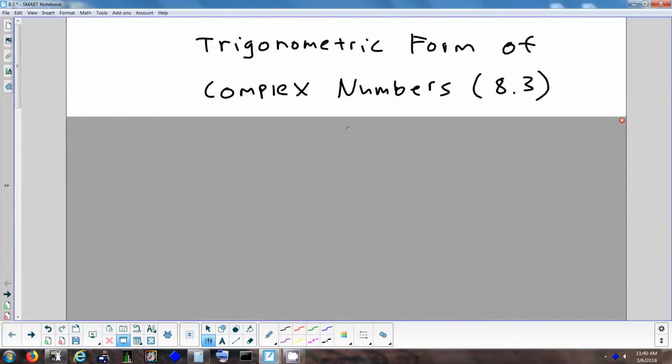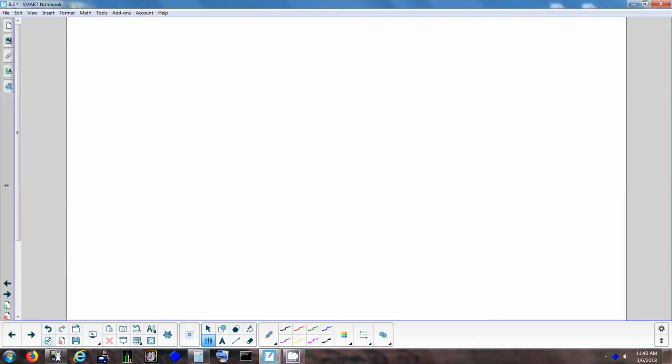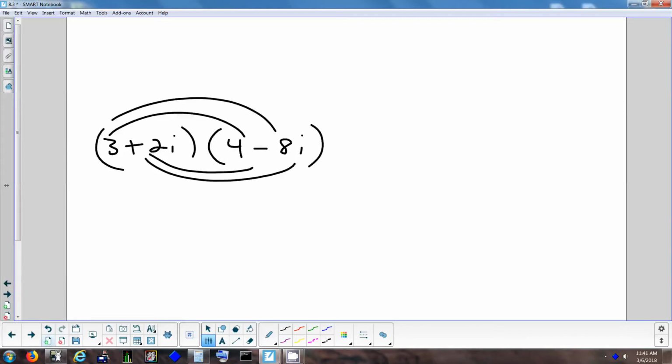So what 8.3 does is it's totally separate. So I want you to forget about solving triangles, forget about finding the area of a triangle. Triangles are done. Okay. 8.3 basically gives us some ways to do arithmetic with complex numbers using a shortcut. Okay. So when we dealt with complex numbers before, we might have had to do things like this, and you would have had to FOIL that all out.